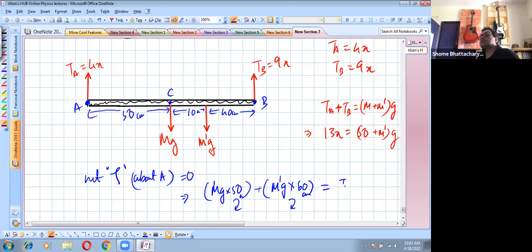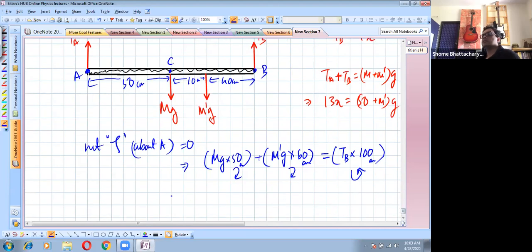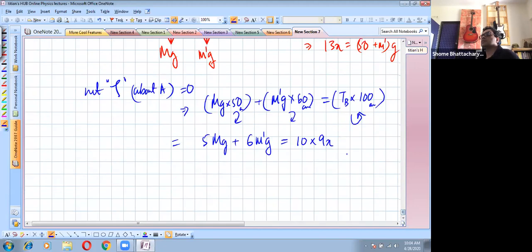This is equal to tension TB into 100 centimeters, which is the anticlockwise torque. You can talk about C also, it doesn't matter, or about this point also, but I'm just writing in a very convenient way here. So 5 mg plus 6 m prime g is equal to 10 times TB, which is 9x. This becomes your second equation.